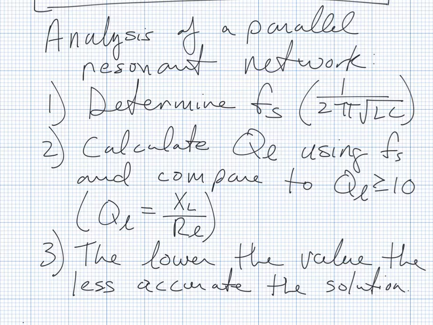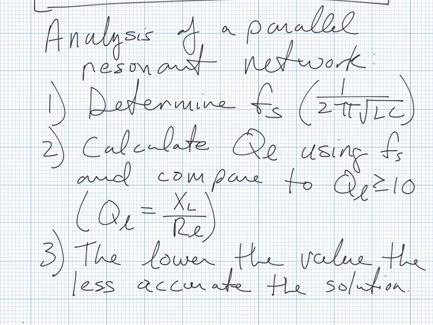Next, you're going to calculate the quality factor for the inductor, QL, using the resonant frequency that we just determined, Fs. And then you're going to compare that to 10 to see, if that's greater than 10, then all these assumptions that we talked about we can use, and it'll be pretty straightforward.